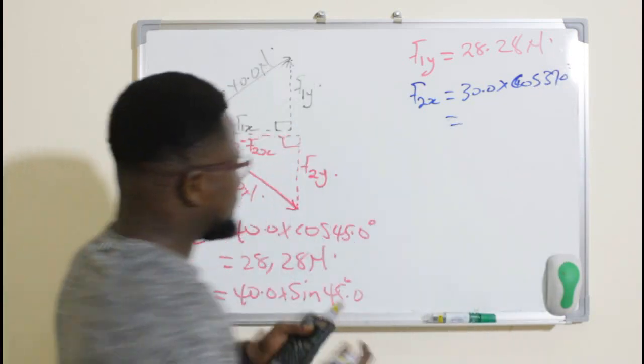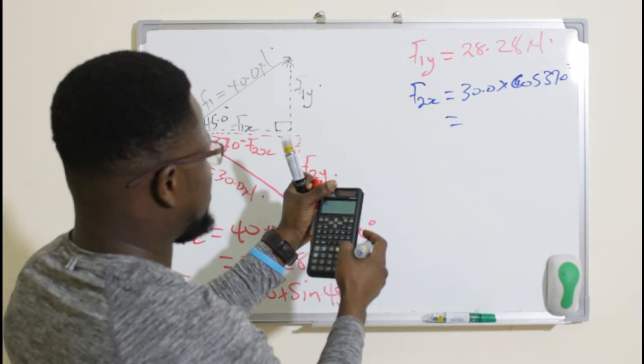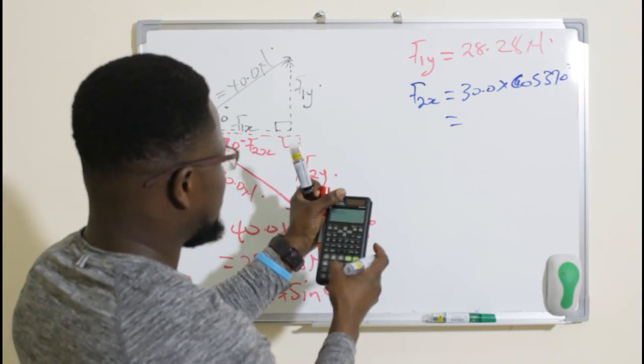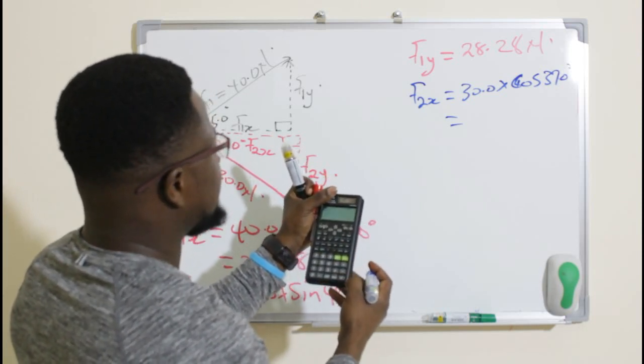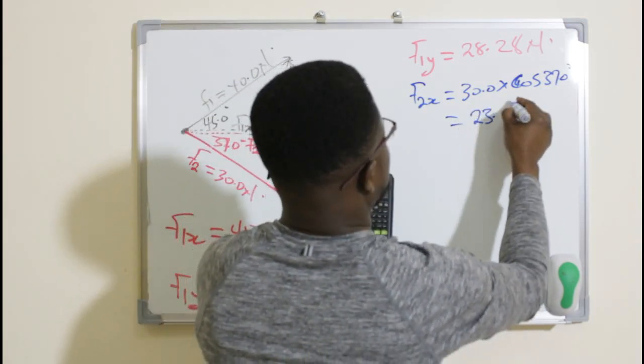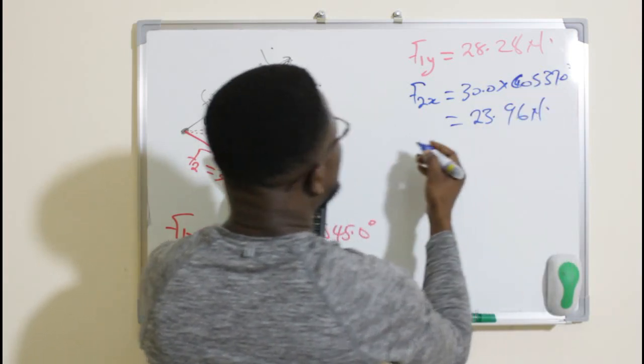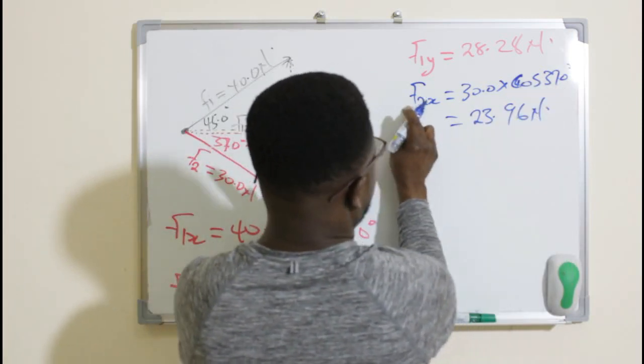Once I do that, I am going to have 30 multiplied by cos 37, and that is giving me 23.96 newtons.